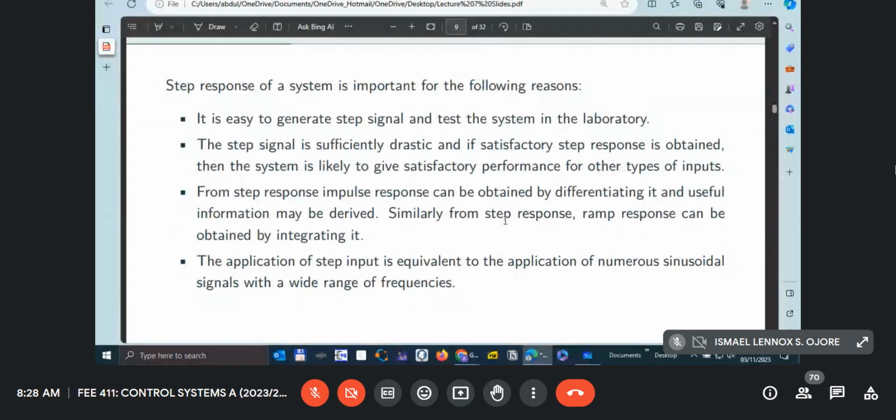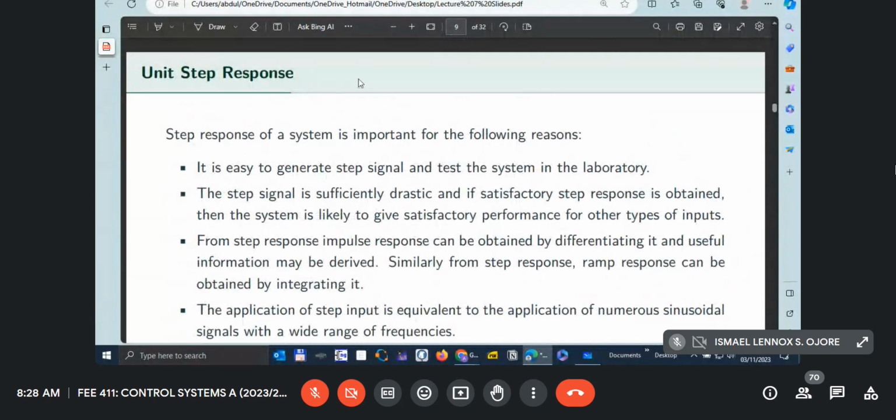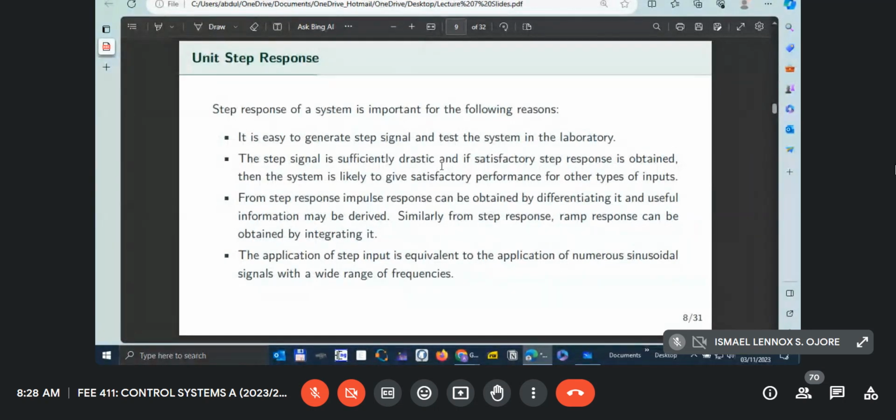Although in some books they start with the impulse response, and then unit step, and then ramp. So the most important signals to test are impulse and what? And unit step. For our case, we'll just move on and look at the unit step response.